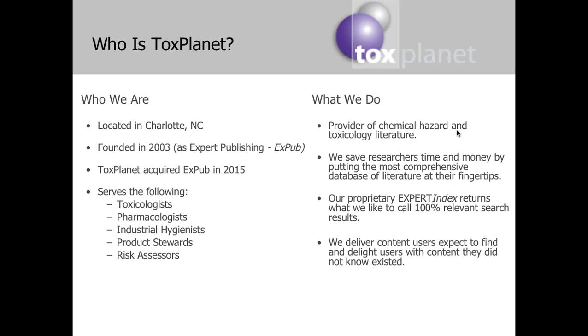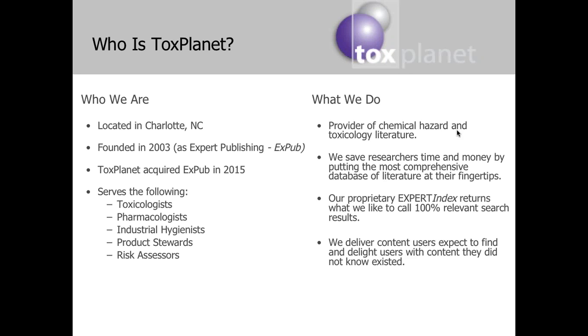Searching our system is akin to searching 500 different websites simultaneously using a normalized index. And because of our expert index, we like to think that we provide what we call 100% relevant search results. By that, I mean in our system, when you do a search on benzene, you're going to get a document about benzene, not simply a document that contains the word benzene.